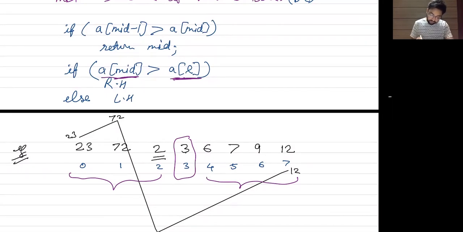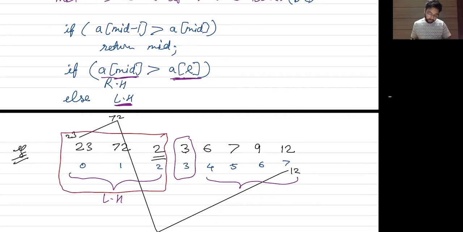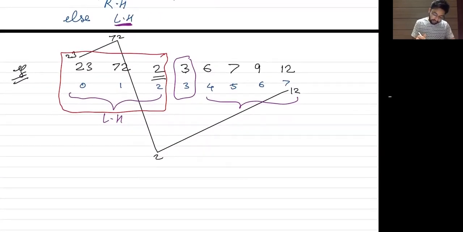If A of mid, if 3 is greater than 23, 3 is not greater than 23, which means the solution lies in the left half. So now we confine the solution subarray to 23, 72, and 2.